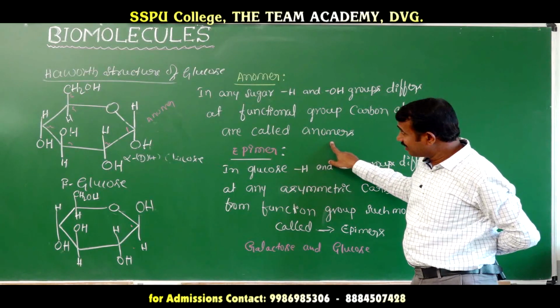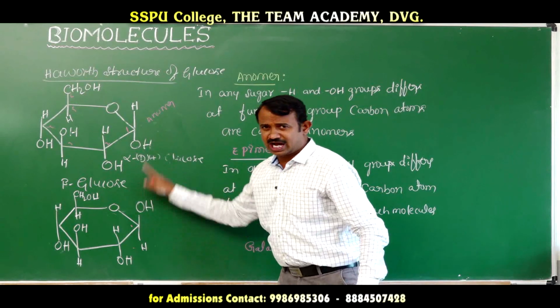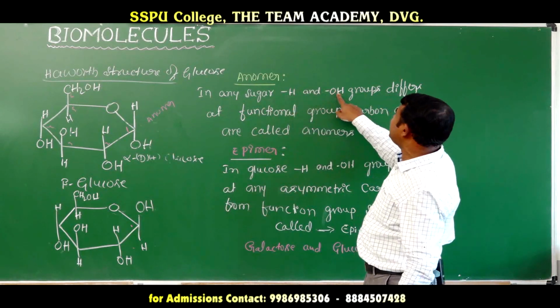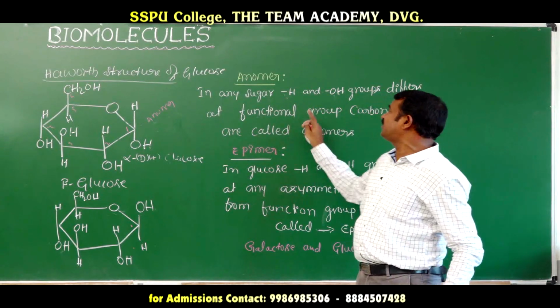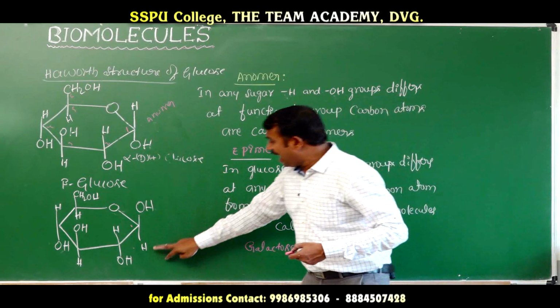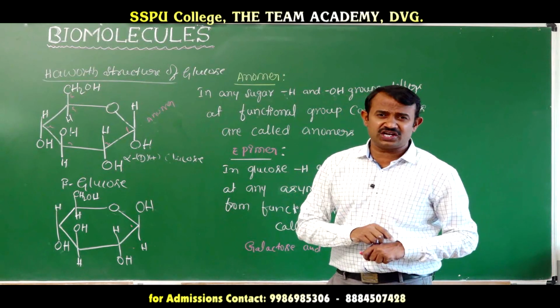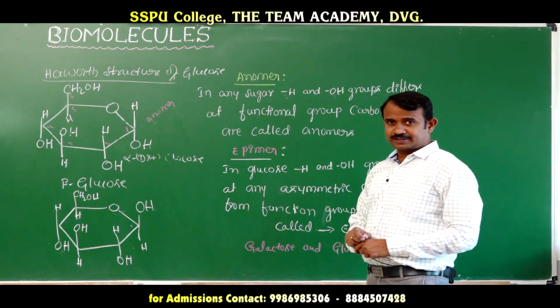Anomers. Listen here. What are epimers? This is the anomeric carbon, this one also anomeric carbon. Anomers means hydroxy and hydrogen atoms differing at the functional group are called anomers. Hydroxy and hydrogen having a different configuration is called anomers. What are epimers?